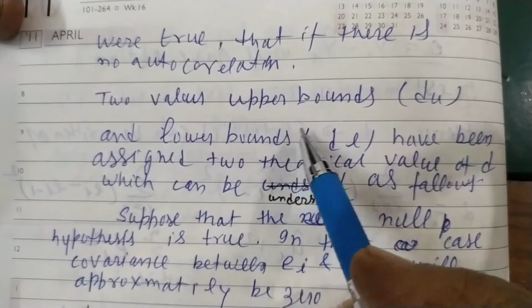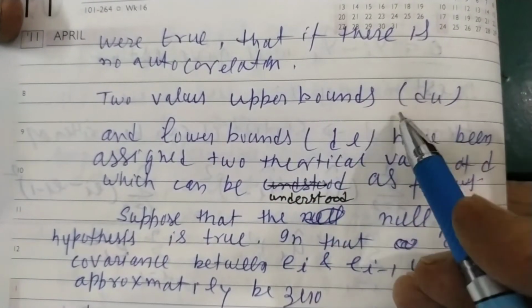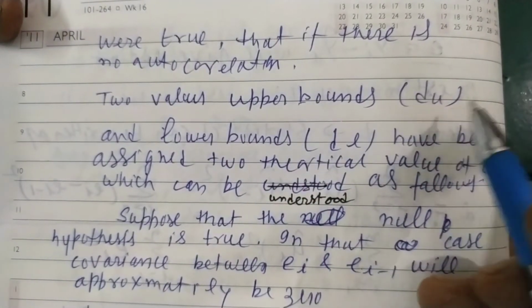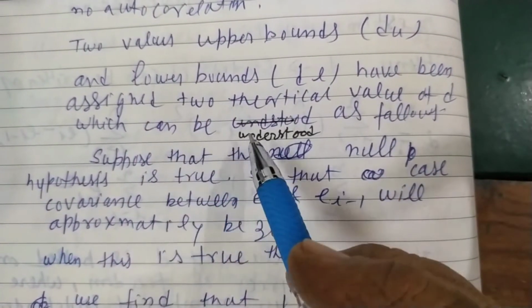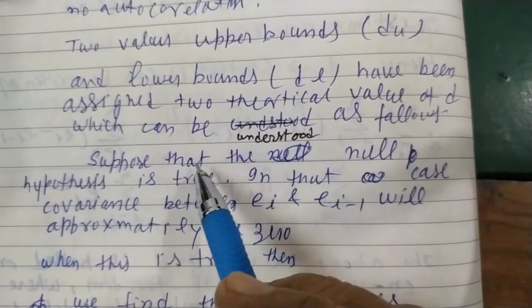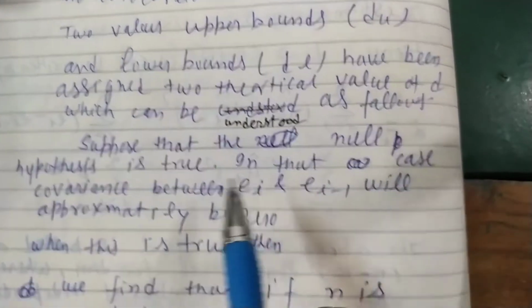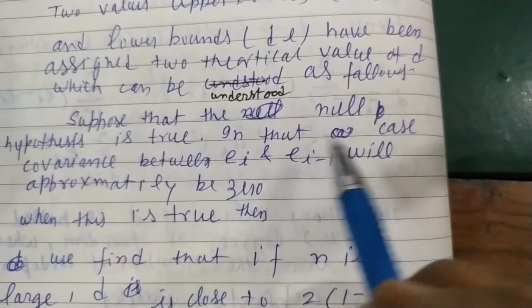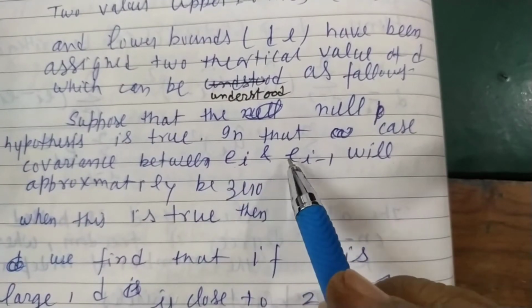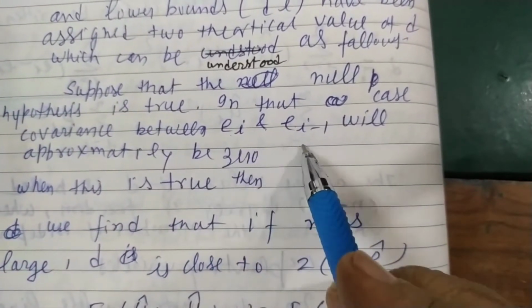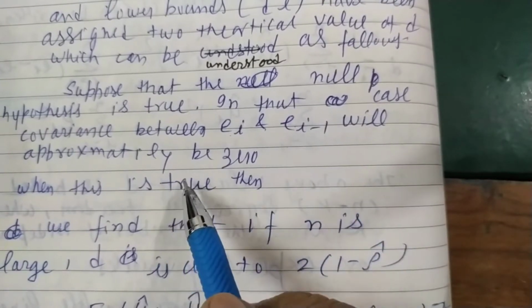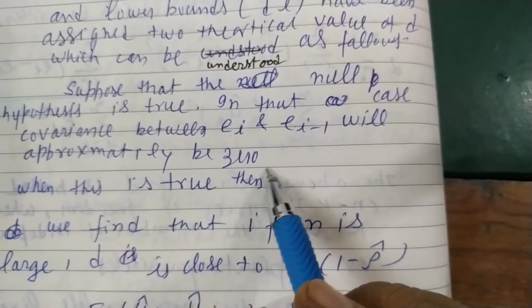The values upper bound dU and lower bound dL have been assigned to the two theoretical values of d, which can be found as follows. Suppose that the null hypothesis is true. In that case, the covariance between ei and ei minus 1 will be approximately equal to 0.